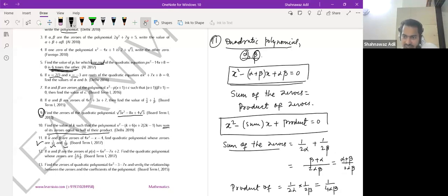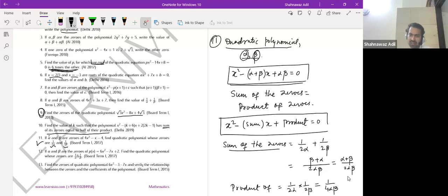So can we get the value of alpha plus beta and alpha into beta from somewhere? By looking at the 11th question, can we get the sum of alpha plus beta? Because these alpha and beta we already have.